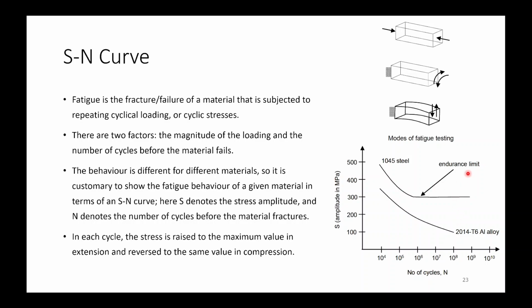One has an endurance limit, as for steels and titanium alloys having some interstitial atoms. In the case of various non-ferrous metals, it shows this other type of behavior where it won't show any definite endurance limit.